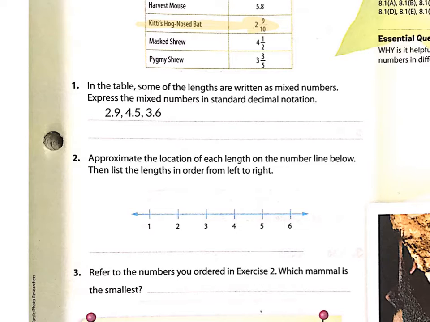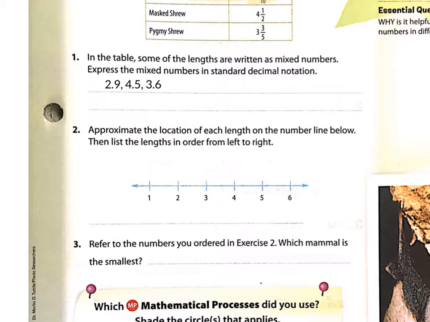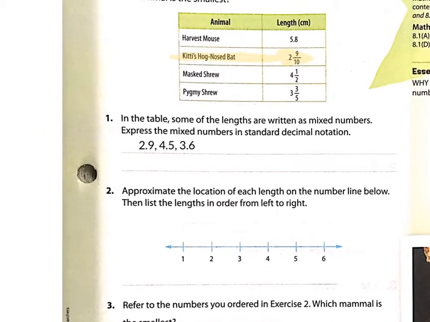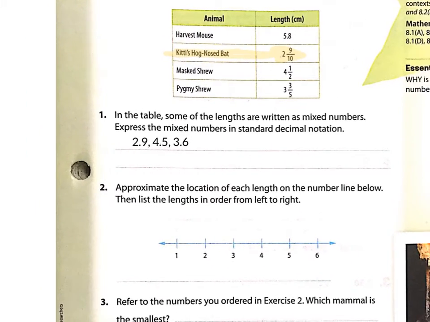So now if we look at number 2, it says approximate the location of each length on the number line. List it in order from left to right. So we got 2.9, that's probably close to 3.